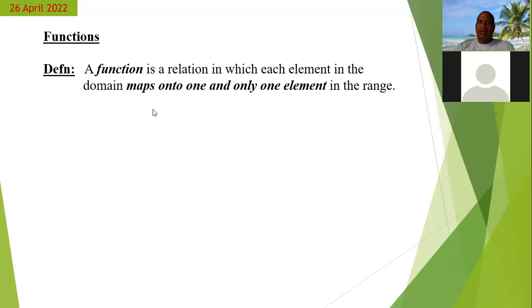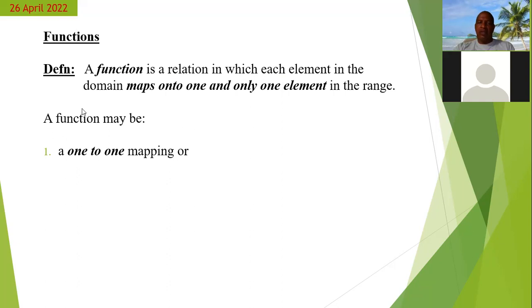Now, looking at the definition here, a function is a relation in which each element in the domain maps onto one and only one element in the range. Now, using the mapping diagram, I will illustrate what we really mean by a function more clearly.